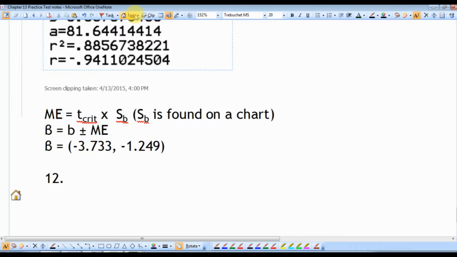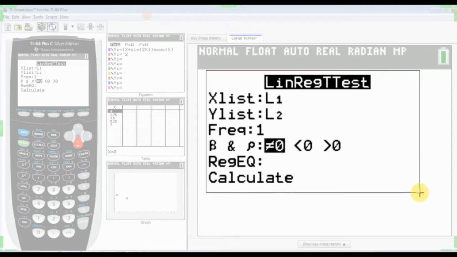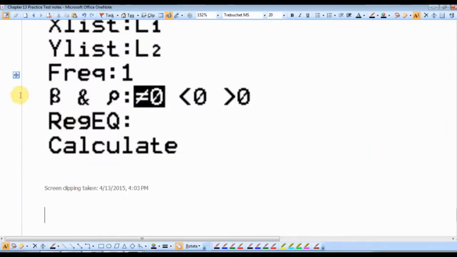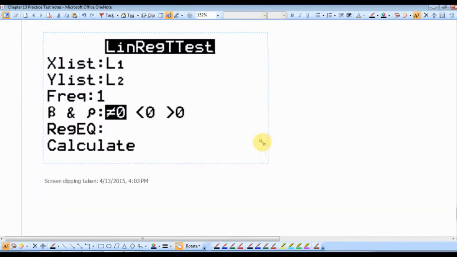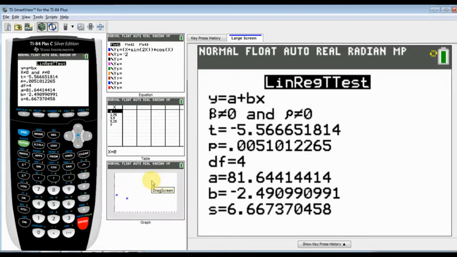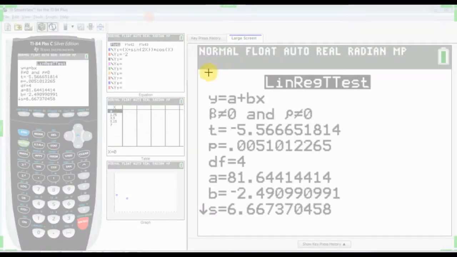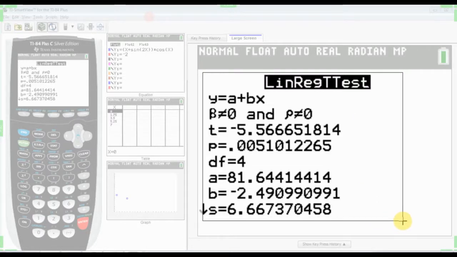Let's calculate now. Should be everything I need, right there in that one screen.